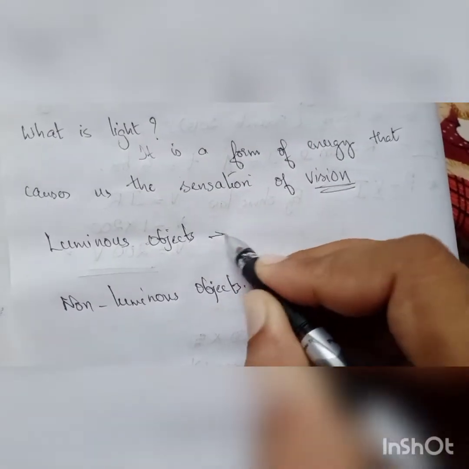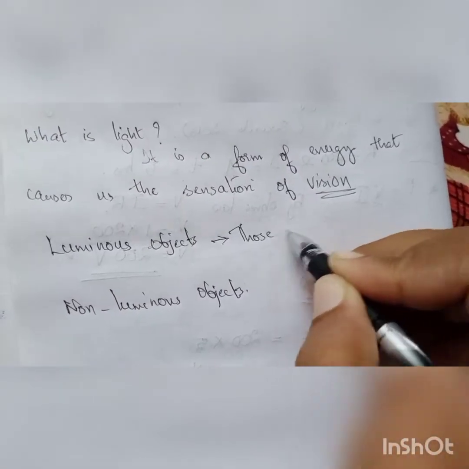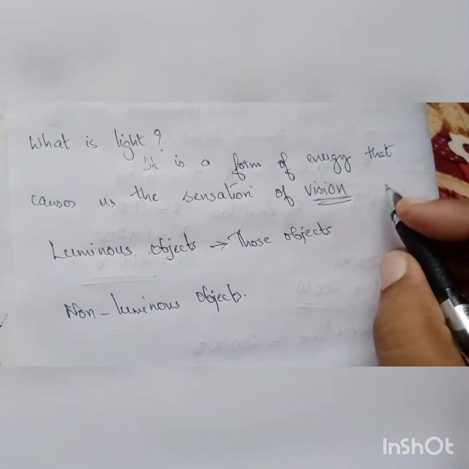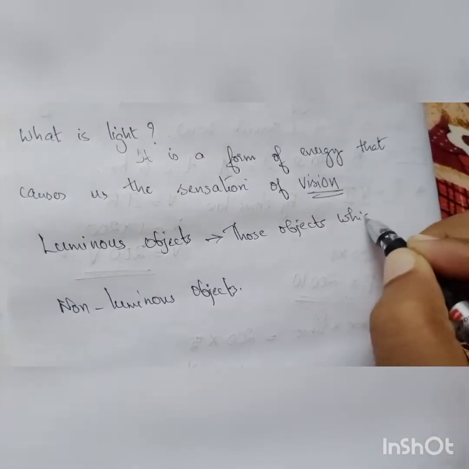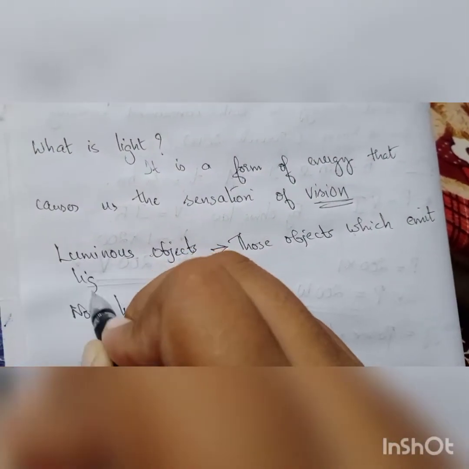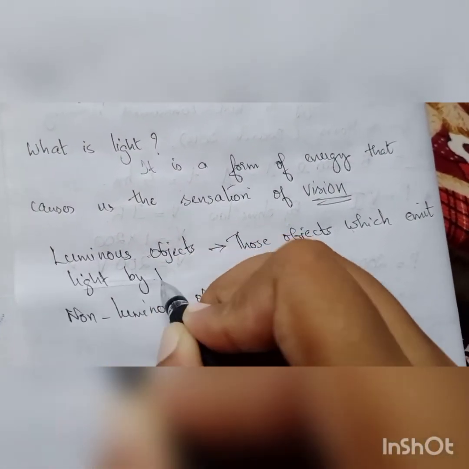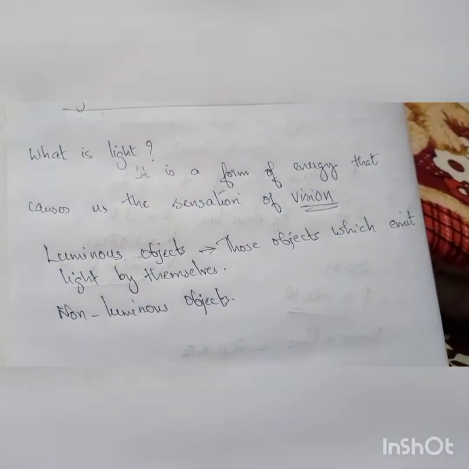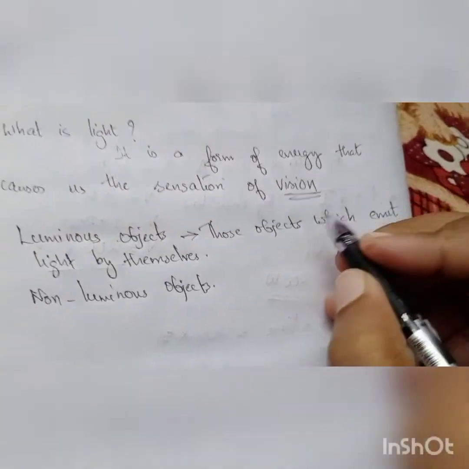What do you mean by a luminous object? Those objects which emit light by themselves, or those objects which have their own light, are called luminous objects.